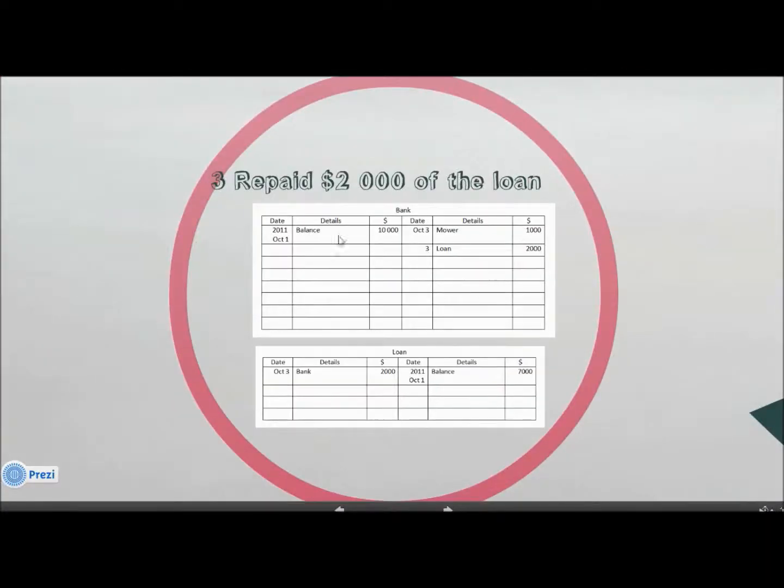The second one is repaid 2,000 of the loan. The loan is debit, and the bank is credit. So we put 2,000 on the bank on the credit side, and the loan is 2,000 on the debit side.